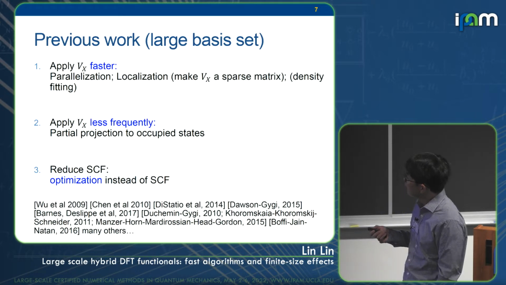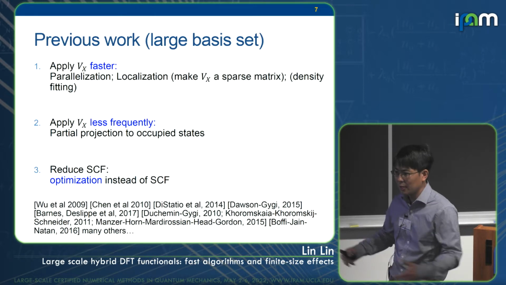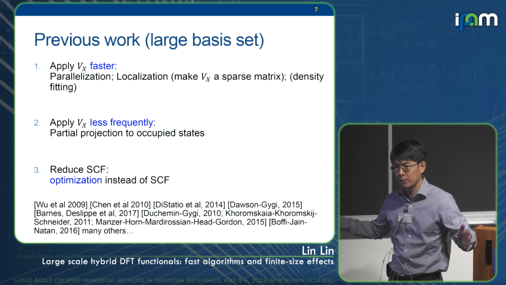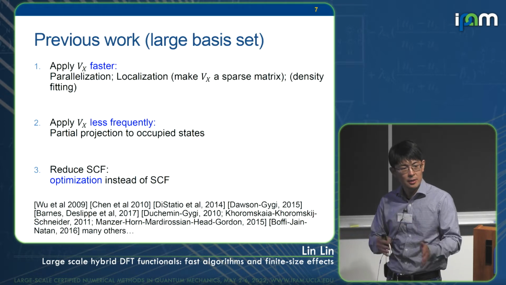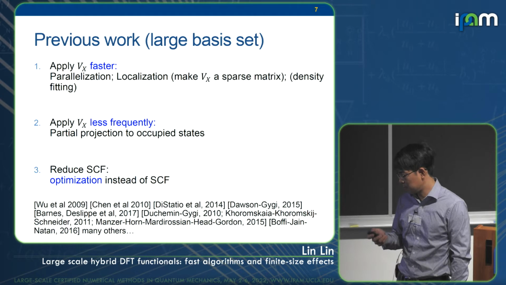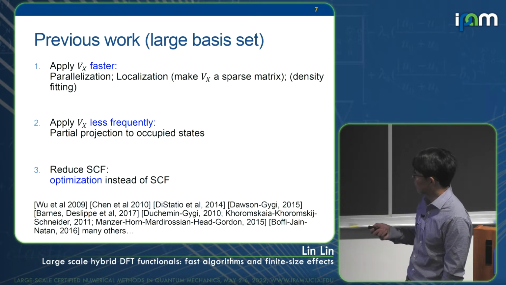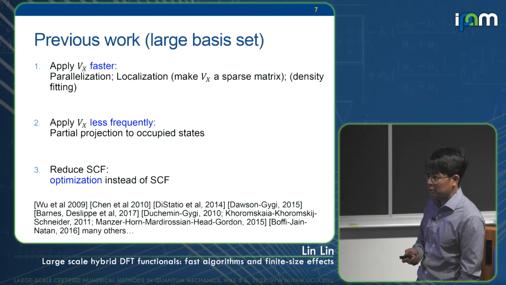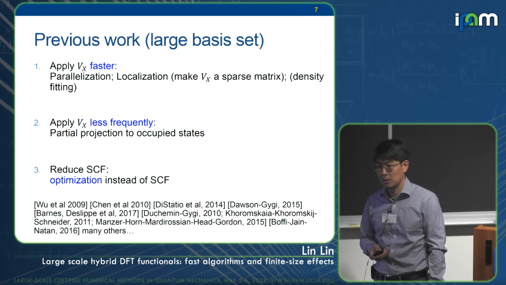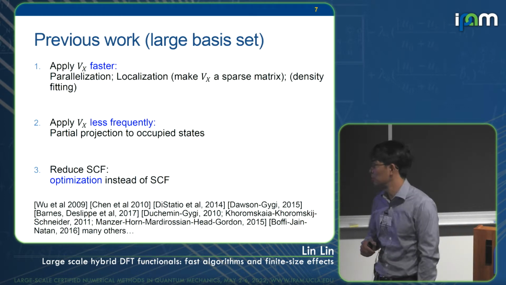In order to apply this faster, you can go to massive parallelization because these NE square Poisson equations can be trivially parallelized once the data are on the right processors. So you can use a lot of CPU cores to do this. Nowadays, you use GPUs. You can use localization to make this effectively a sparse matrix. Those things work very well for large band-gapped systems such as water.